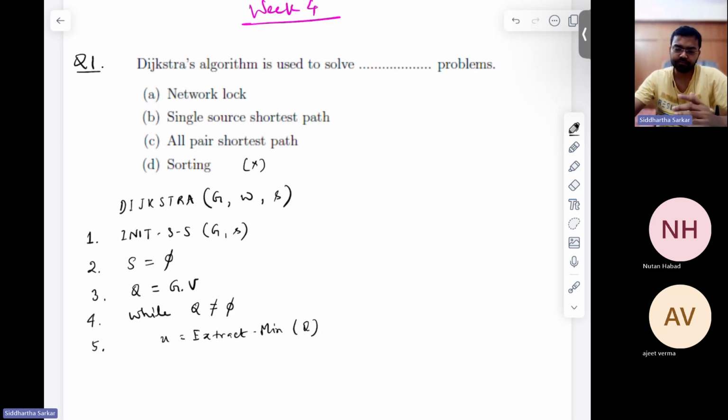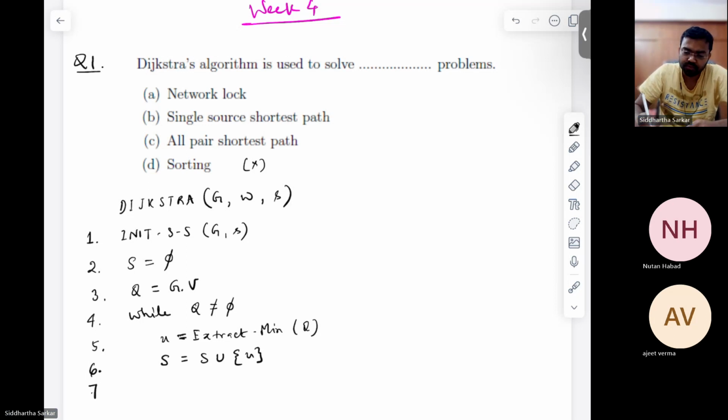So the source has value 0 stored in it, and every other vertex has infinity stored in it. Once you extract it, you add that to the set S. This is the set for which we have found the shortest path distance.